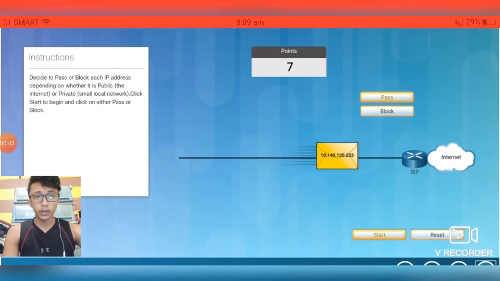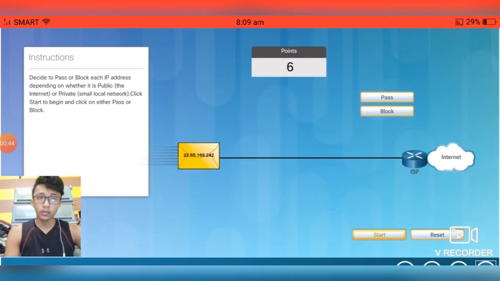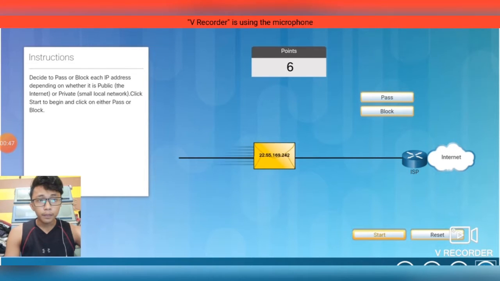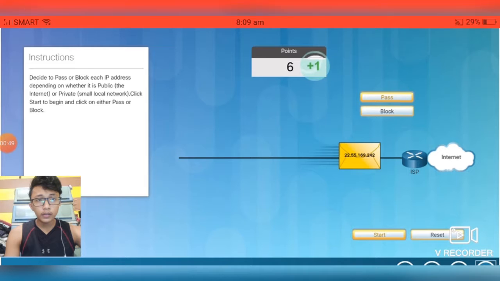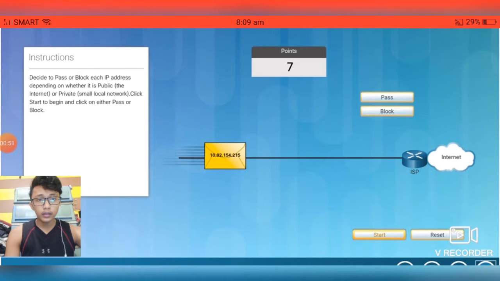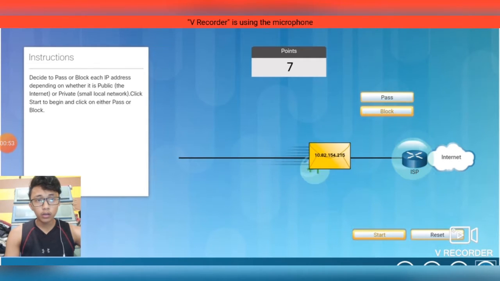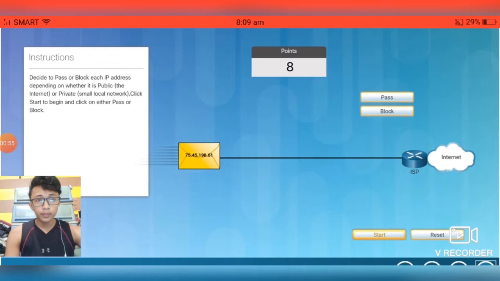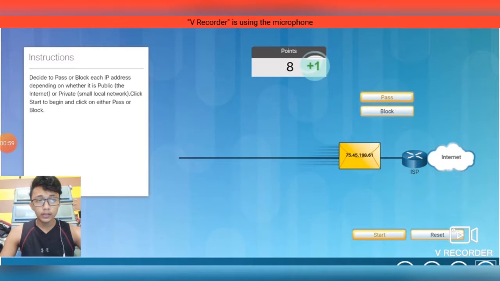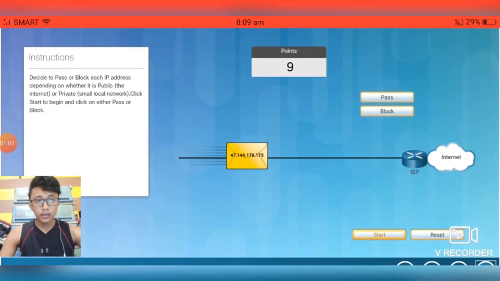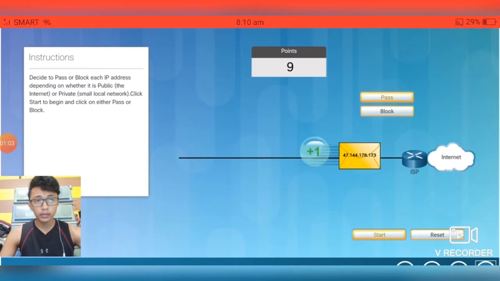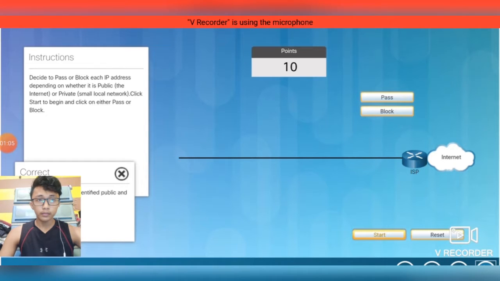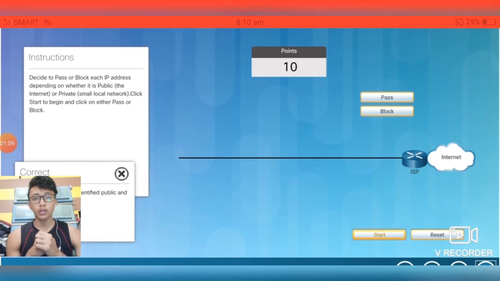I'll say pass. Oh, it's wrong. Pass and block. Pass. And this is also a pass. So we've done this activity.